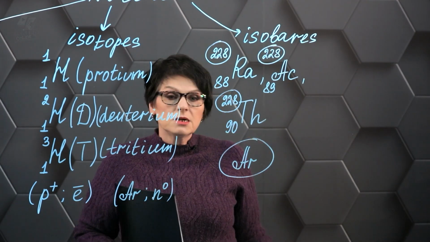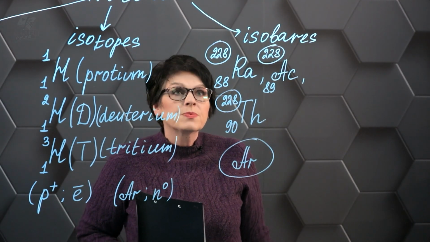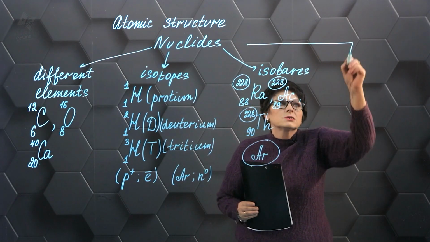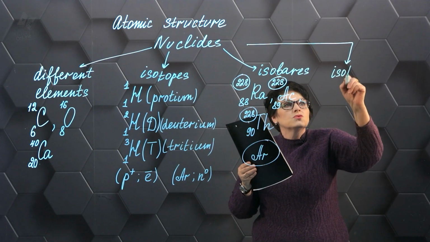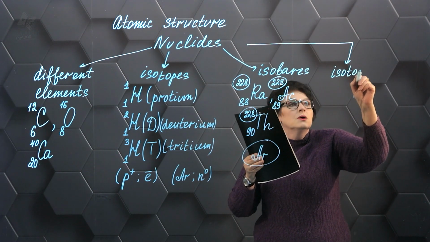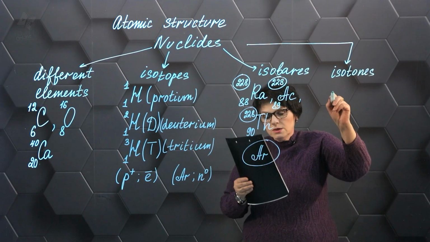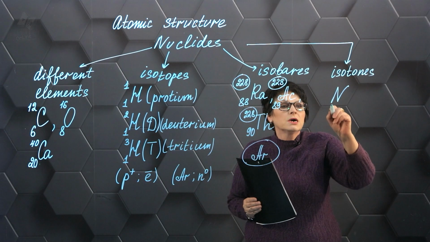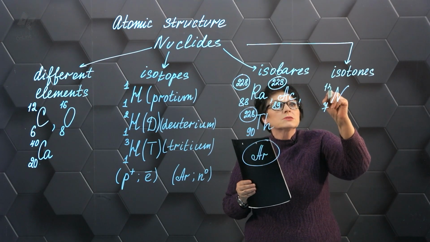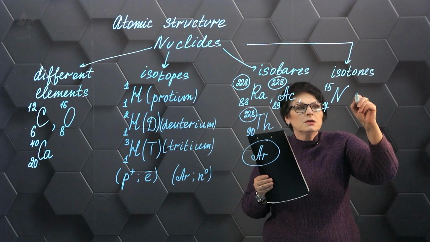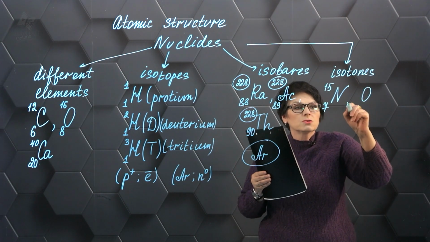And then there is a kind of nuclides called isotones. To give an example, it can be nitrogen with its atomic number 7 and, for example, with mass 15, and, for example, oxygen, which has number 8 and it has isotope 16.